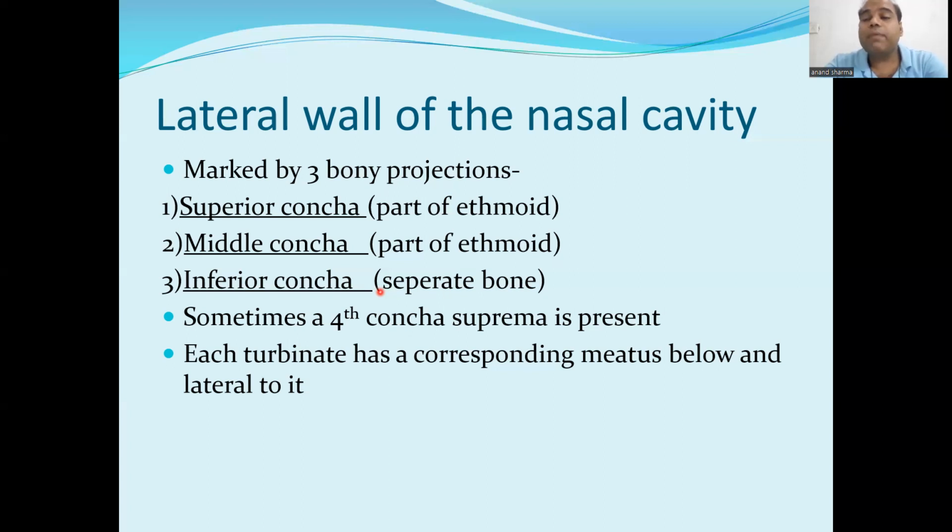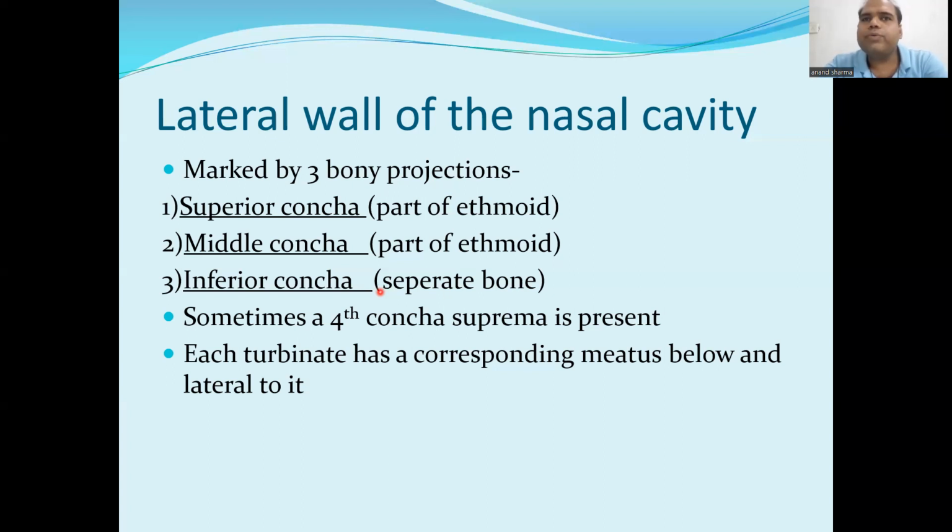But in some cases, there are four conchae. This is a very rare condition, but it is seen in some cases. This fourth concha or turbinate is also known as the supreme concha. Each turbinate has a corresponding meatus below and lateral to it.